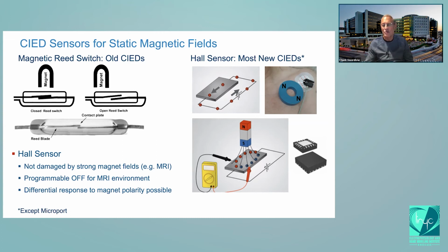I'm sure it's made the press in Europe, iPhones and various other consumer devices with strong neodymium magnets affecting pacemakers and defibrillators, that it is possible to get a differential response to magnet polarity depending on the direction of the voltage induced by the magnet.